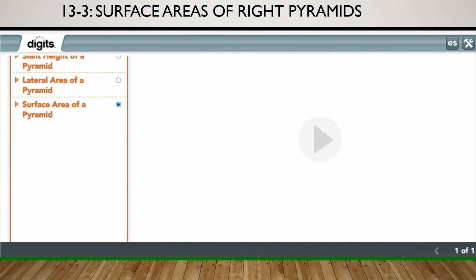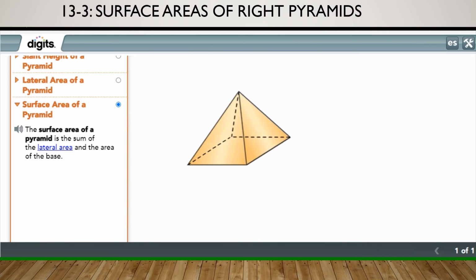Surface area of a pyramid. The surface area of a pyramid is the sum of the lateral area and the area of the base. The surface area of a pyramid equals the lateral area plus the area of the base.